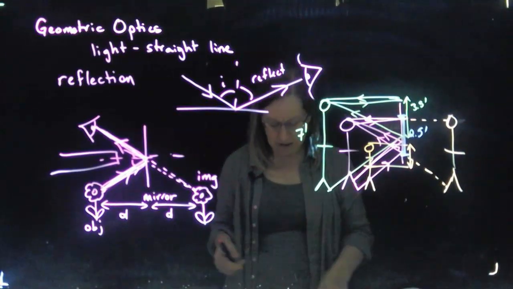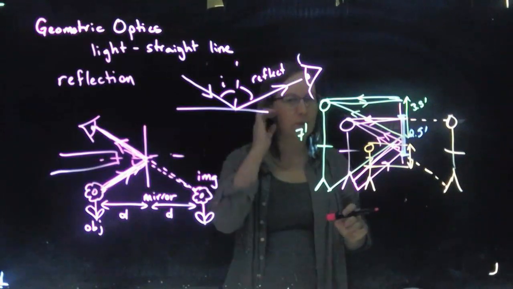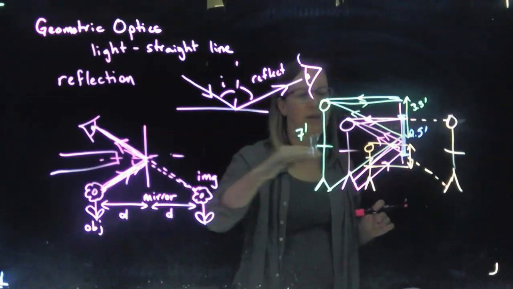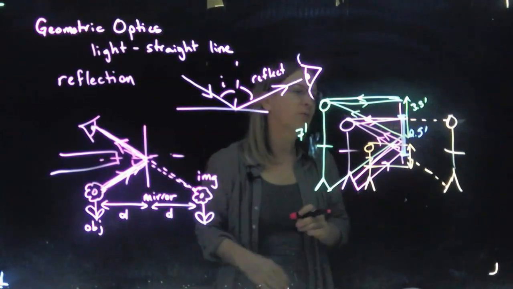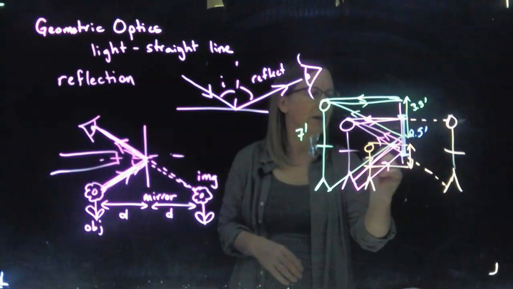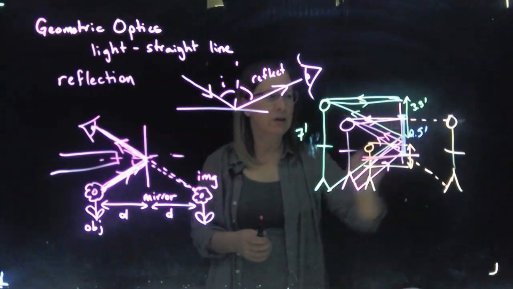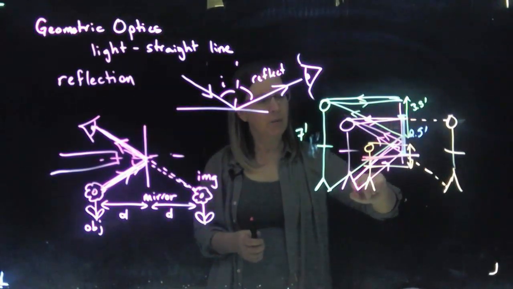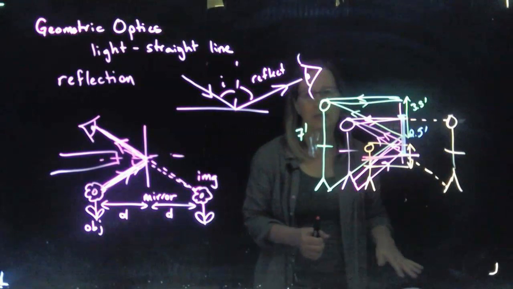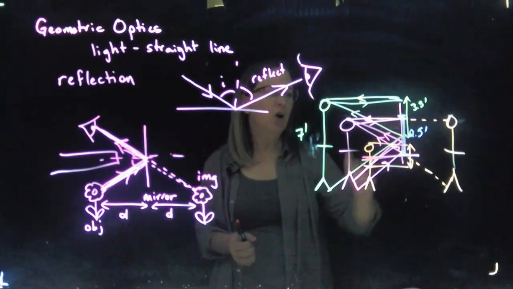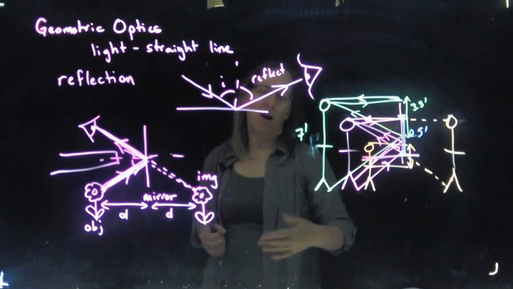The reason, for example, in bathroom mirrors, that even if they come down to half of your height or something like that, like they come down to here, most of the time we don't see our feet is because the light that would be coming from our feet is actually blocked by the sink. If the sink weren't there, we could actually see our feet.